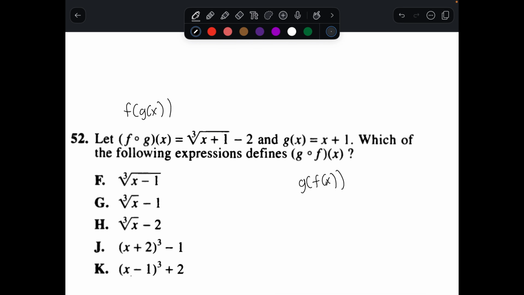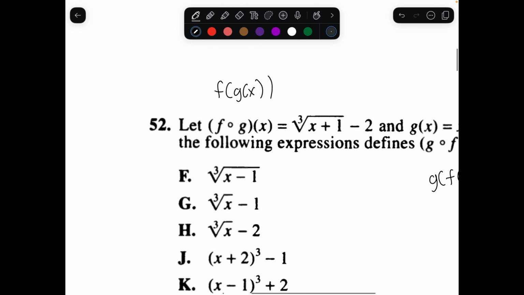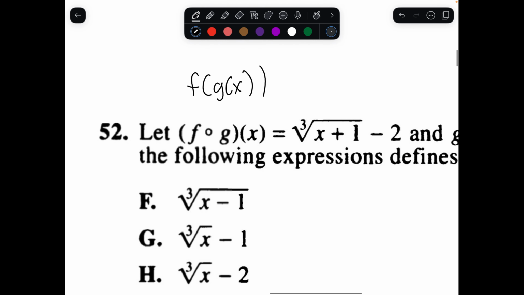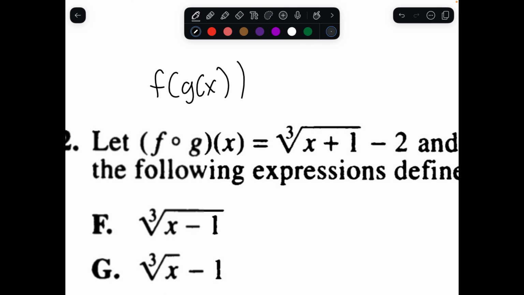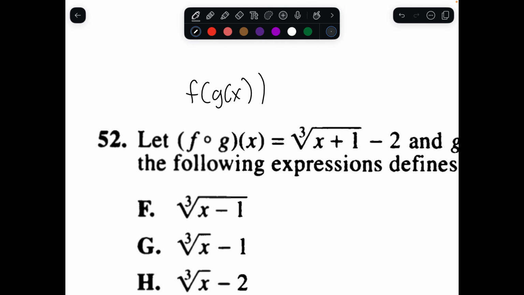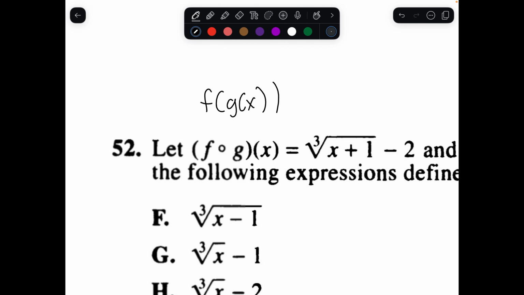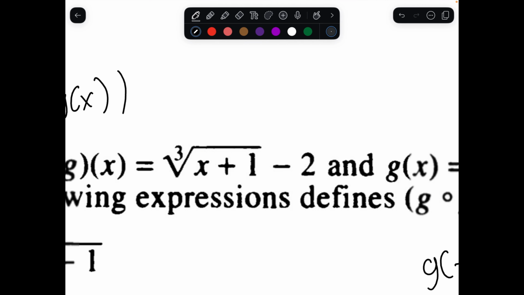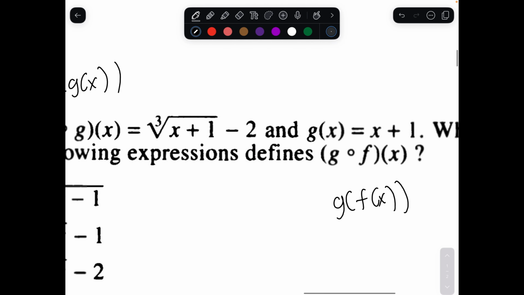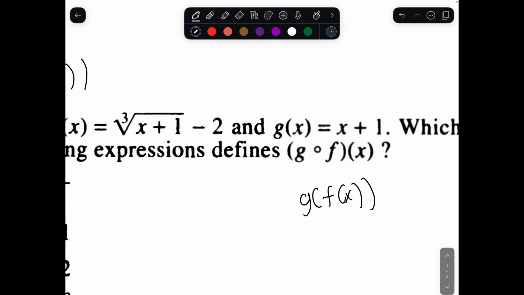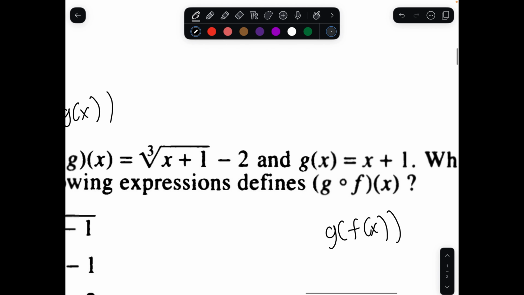So for this problem, first let's just see what's happening, right? So this shows you what f of g of x is, right? So this means they already plugged in g of x into this formula, and this is how it looks like. And we're given that g of x equals x plus 1, right?